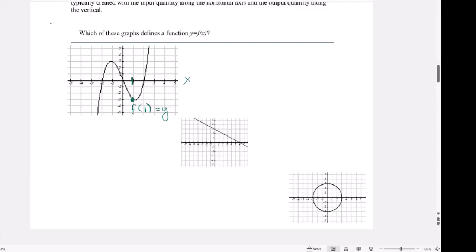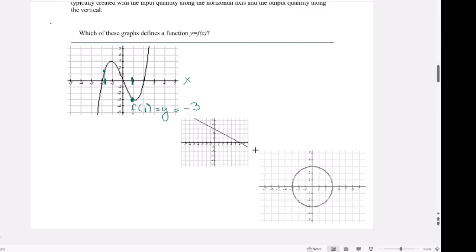And we can say that is equal to -3. And I can go everywhere along here, and there's nowhere that I'm going to find, no matter what I pick, two values for the same x. Even if I go right here, I go up to here, and there's one value. That's it. The same is true for the middle graph. Okay? However, it's not true in this last graph.